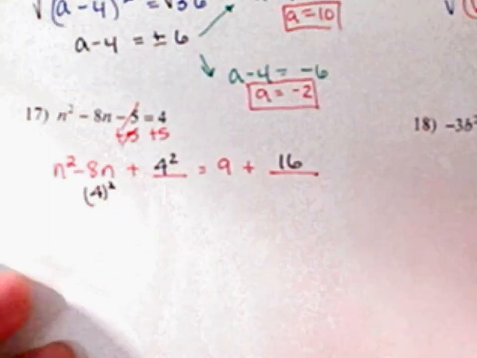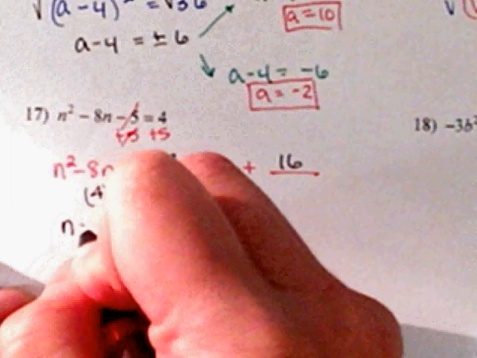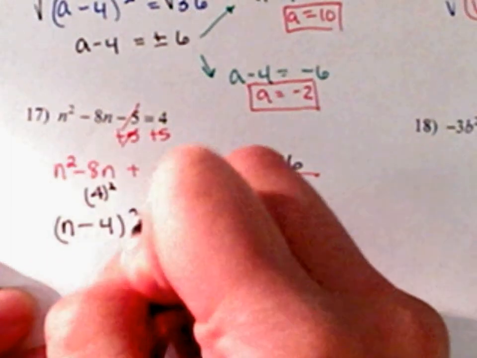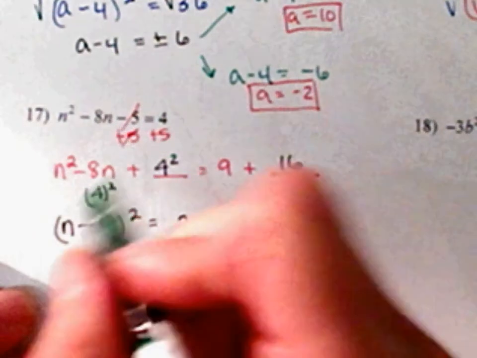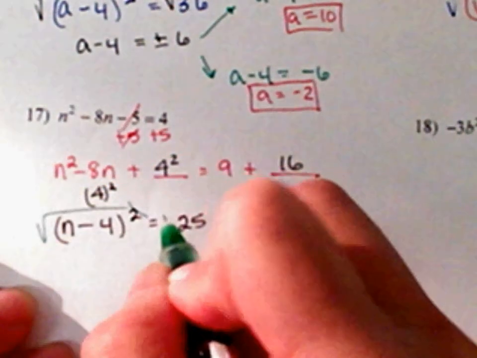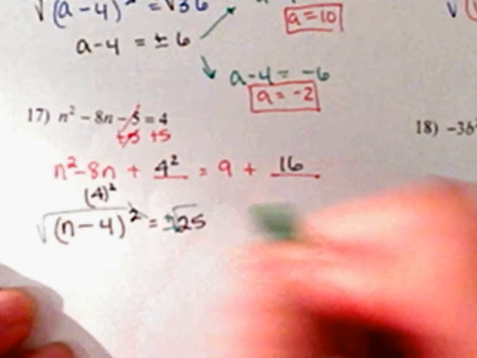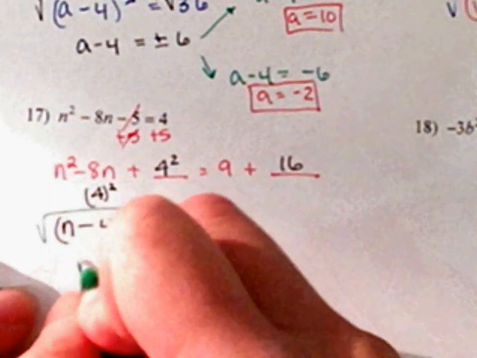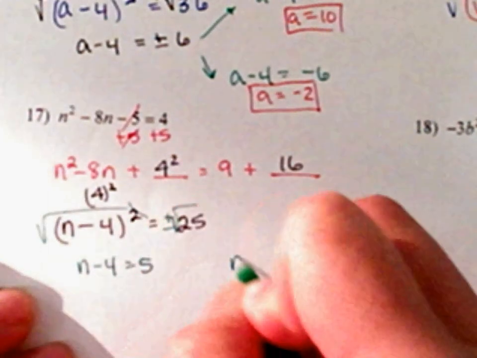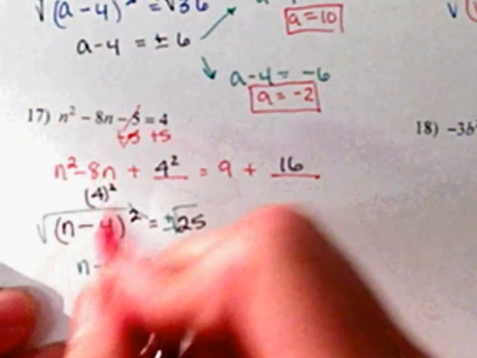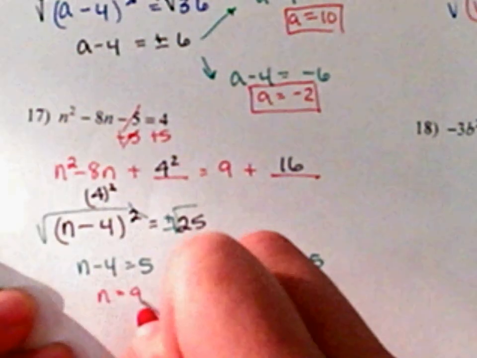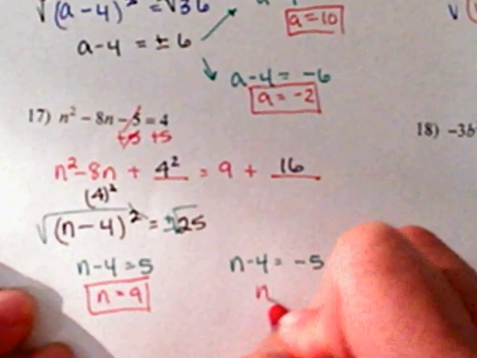N minus 4 squared is equal to 25. Take a square root. And when you take a square root, square root of 25 is 5, so n minus 4 equals 5. N minus 4 equals negative 5. Add 4 to this side, so you have n is equal to 9. Add 4 to that side, n is equal to negative 1.